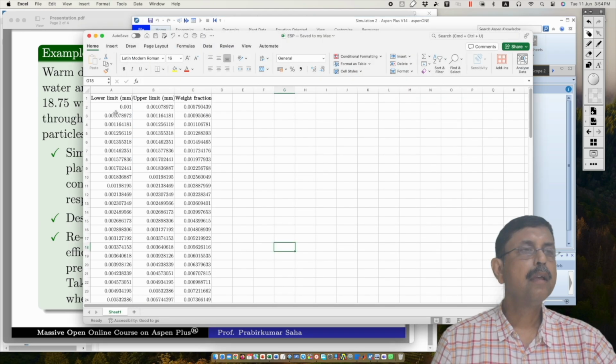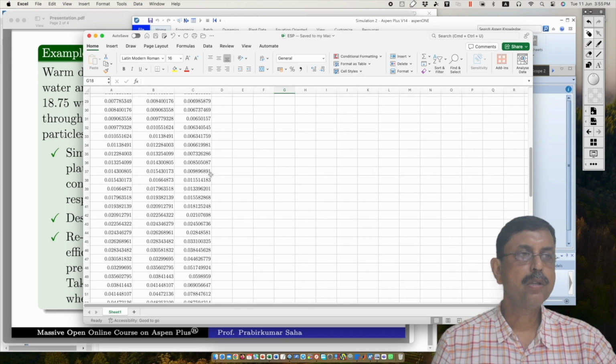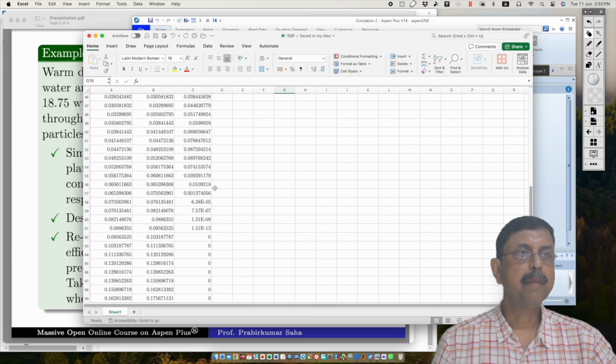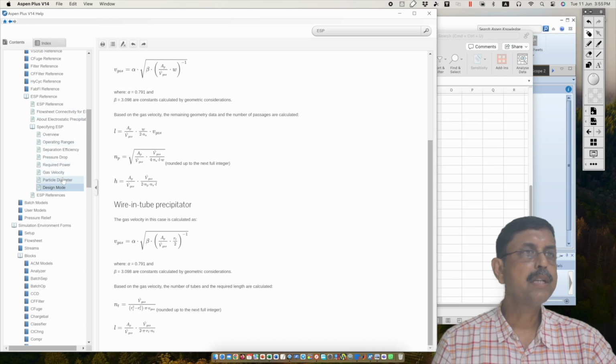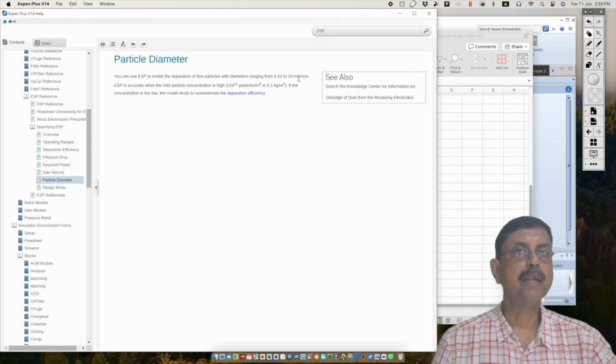and they are saying it is in millimeter. 0.001 millimeter means it is 1 micron. So from 1 micron to around 95 micron. Okay, but what is our range? Our range of operation will be around 10 microns, so it is in the higher range.